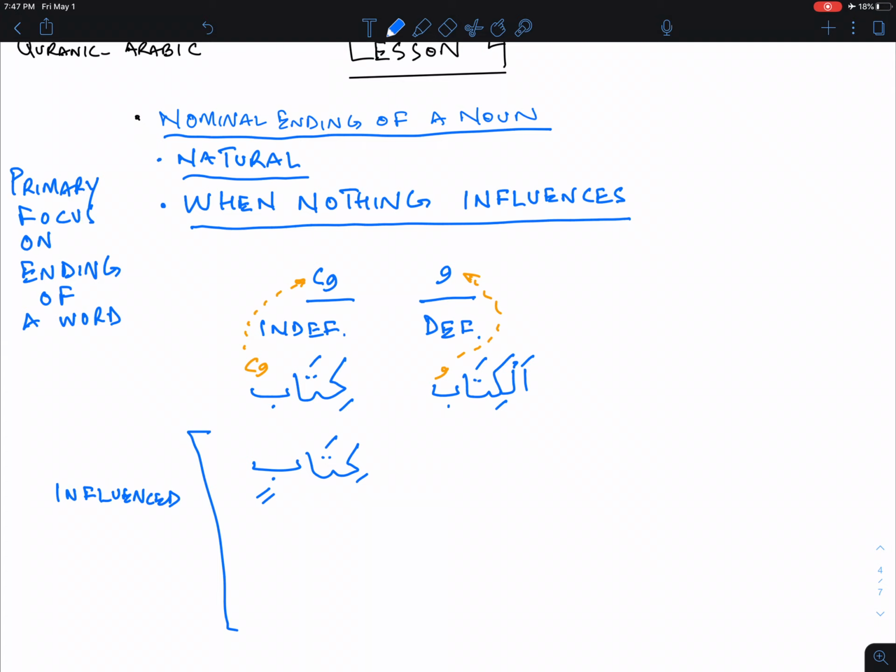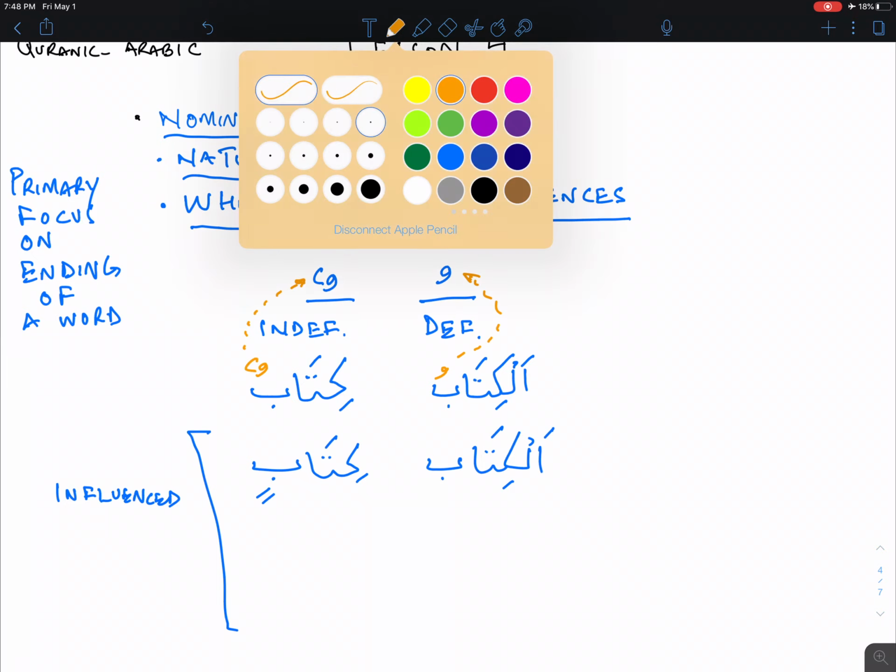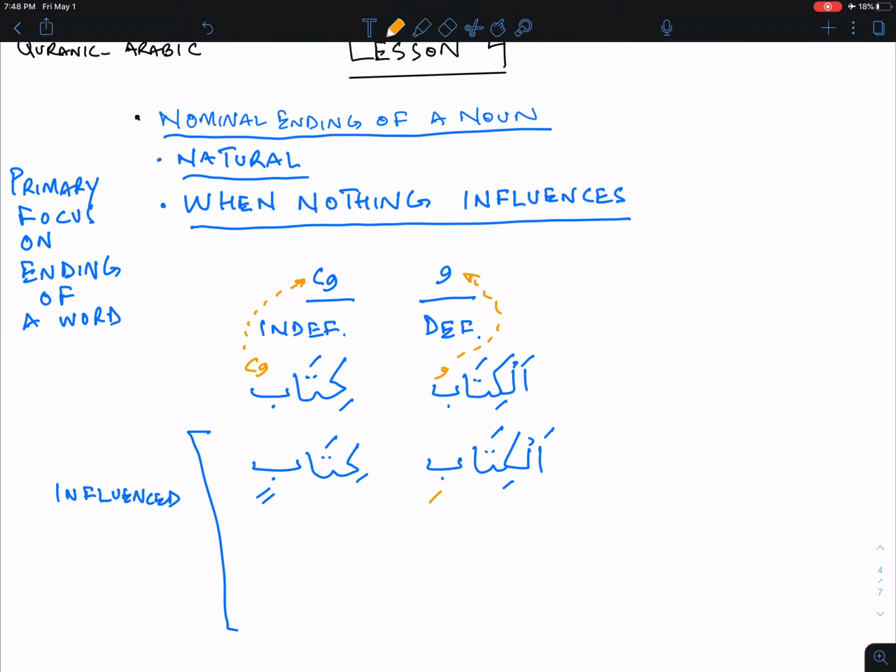Okay? And in the definite state, it is going to look like al-kitabi. And let me correct the colors here. Kitabi. Okay.